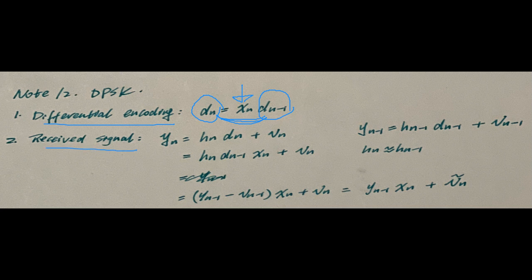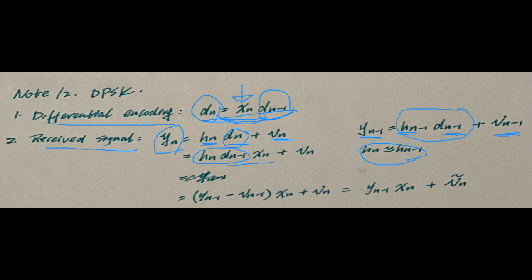Then as a receiver, we receive the signal, and this is attenuation, this is the transmitted signal, and this is noise. The delayed version also has attenuation, the previously transmitted signal, and the previous noise. If we assume the attenuation doesn't change over time, we extend this into this because of the differential encoding. Then these two combined together equal this one.